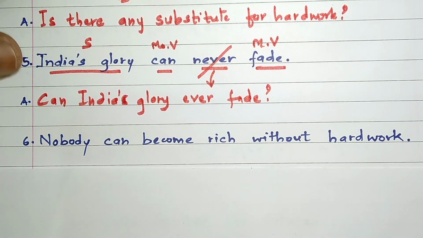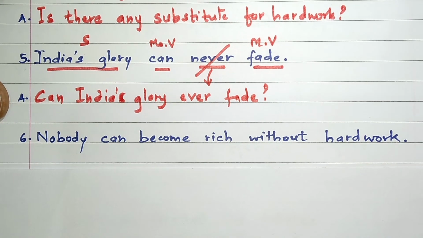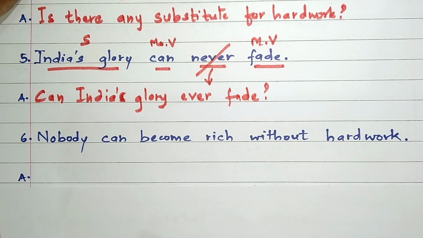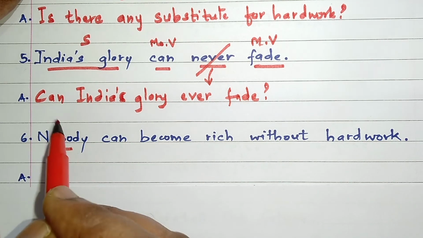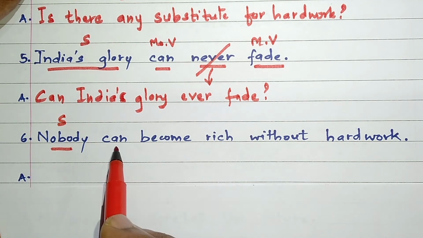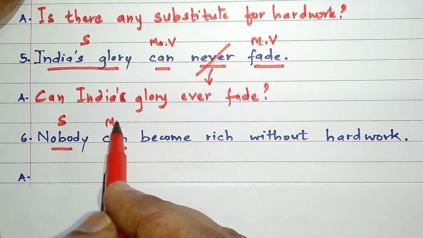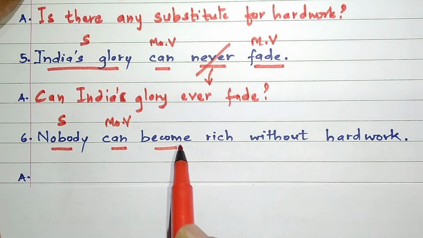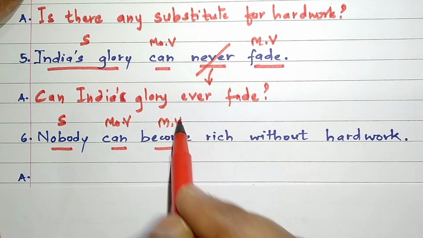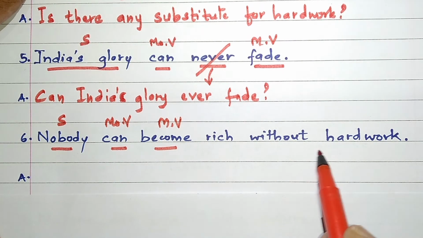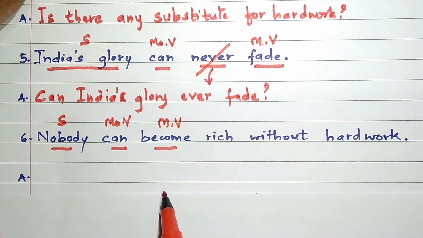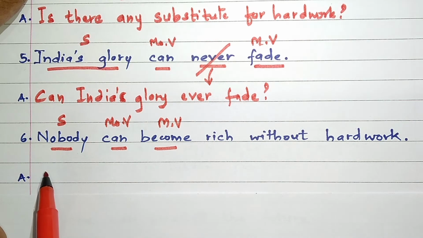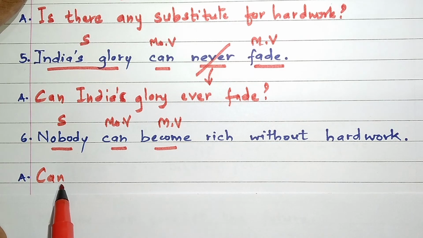Next sentence. Nobody can become rich without hard work. Here nobody is the subject, can is the modal verb, become is the main verb. So the sentence is negative, so our interrogative sentence will be affirmative. We start with the modal verb, that is can.